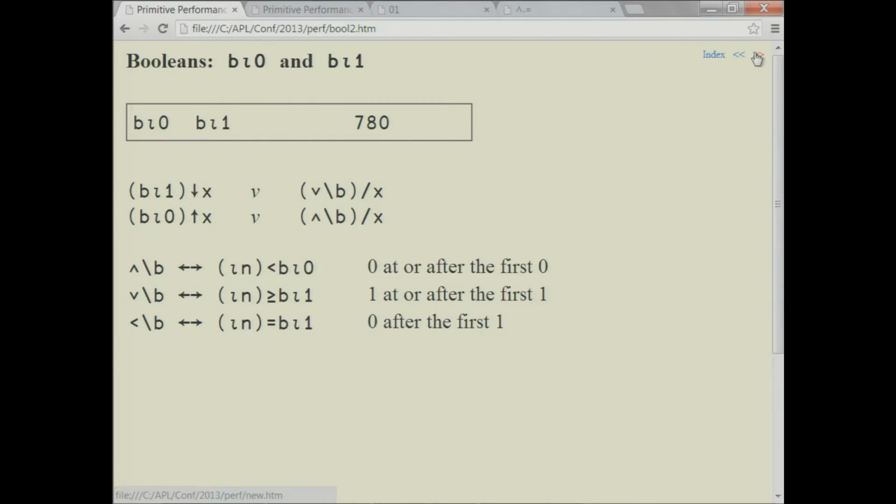So it's much more efficient to do the index, even the result. And moreover, there are follow-on effects because you can either do b iota 1 drop of x or scan b compress x. It gives the same answer, but the drop is much faster than the compress.